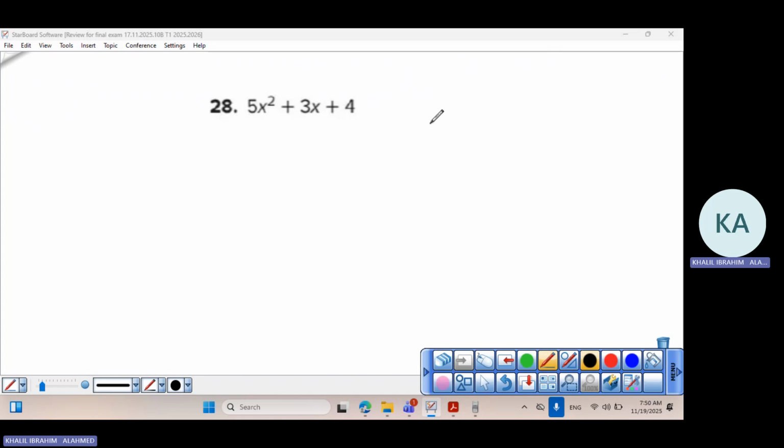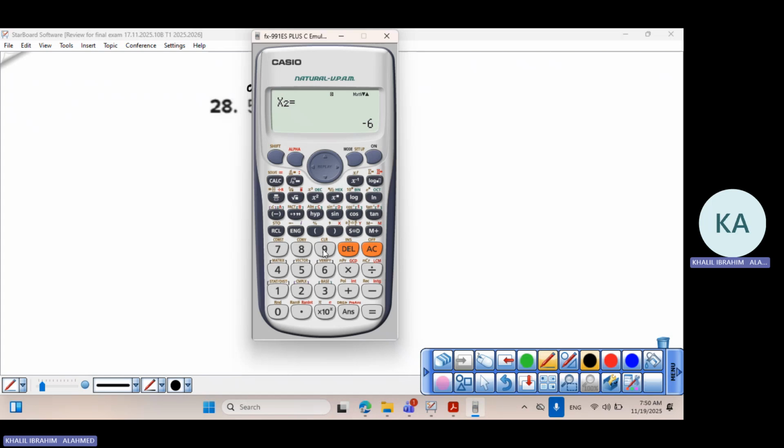Maybe you can use a calculator. That's easier for the students. A equals 5, B equals 3, C equals 4. You can use a calculator, yes.